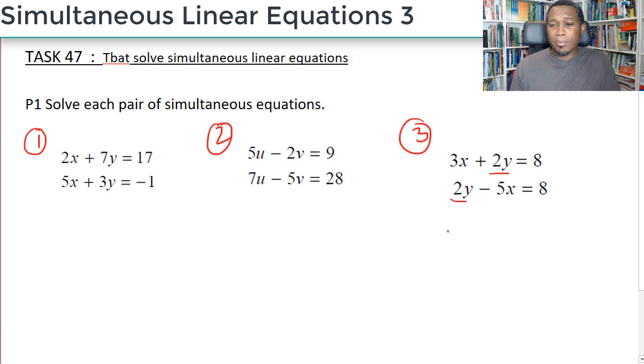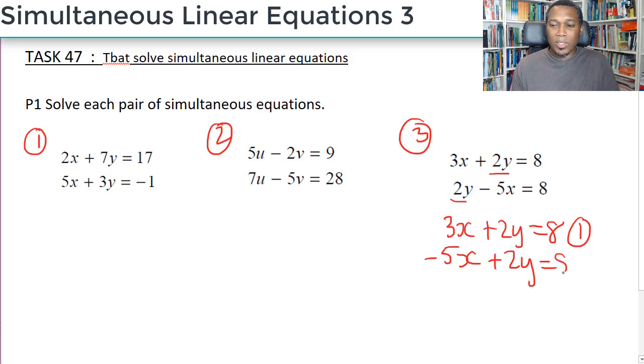So think about number 3 as 3x plus 2y is equal to 8. That is your equation 1. But in terms of equation 2, it's probably better to write it as -5x plus 2y is equal to 8. And then, if you rewrite it like this, isn't that an easy question?